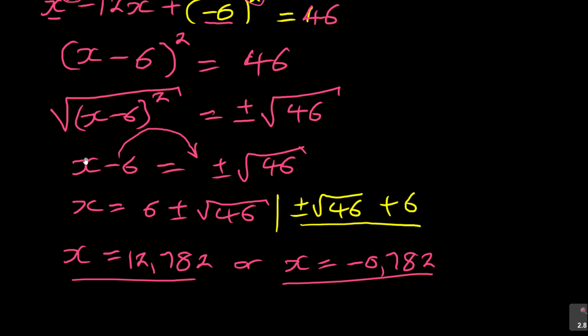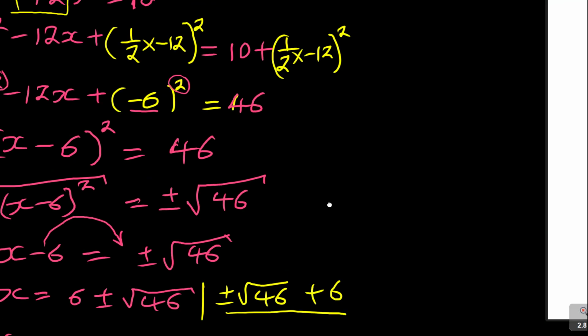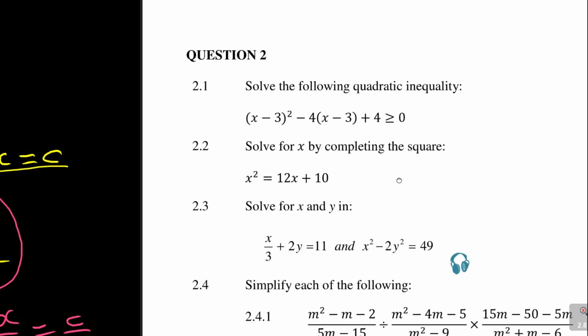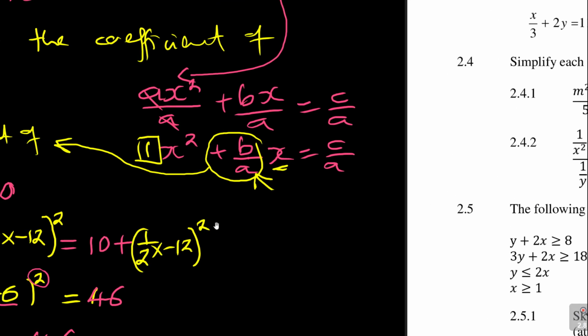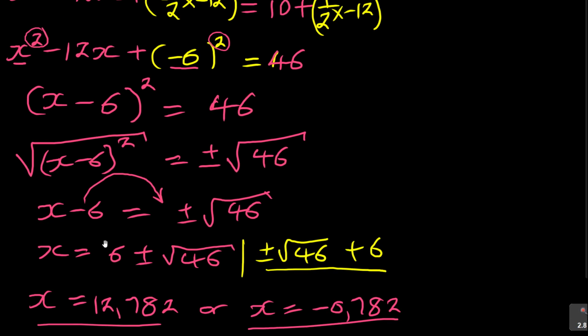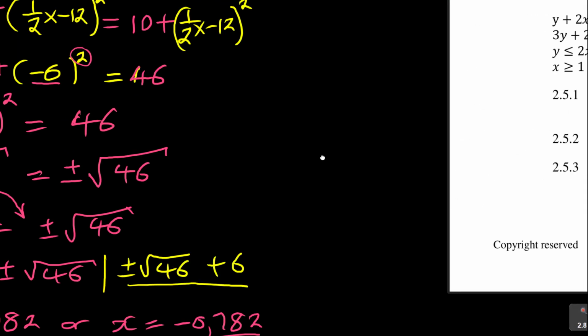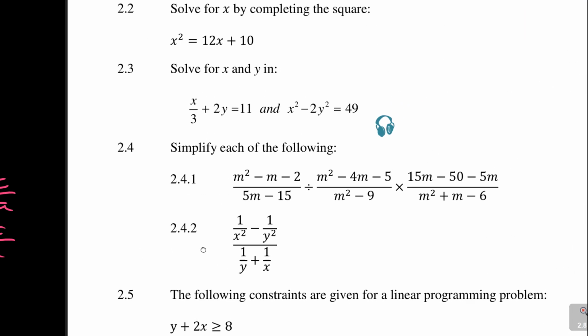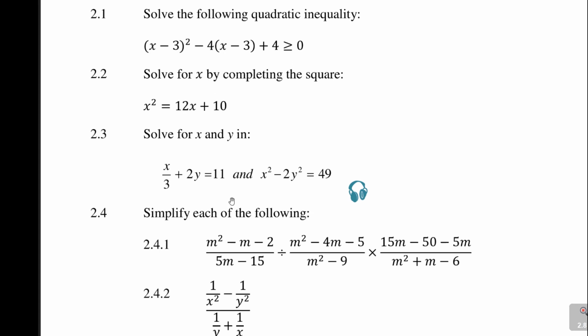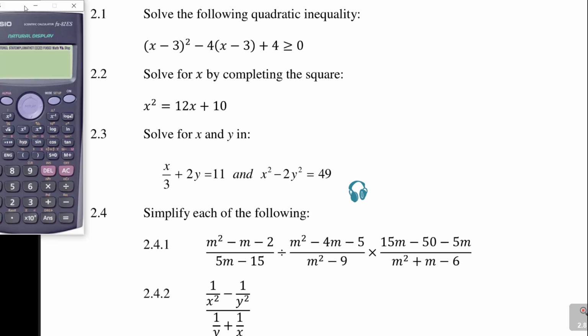But it's always good to test your answer, whereby you can put one of the values here and see whether it balances. For example, let's say we want to put 12,782, but remember it's not right to use the rounded off. Use the original one, 6 plus square root of 46. I'll use a calculator just to check if my answer is right.